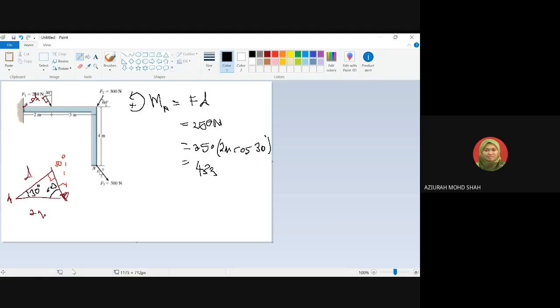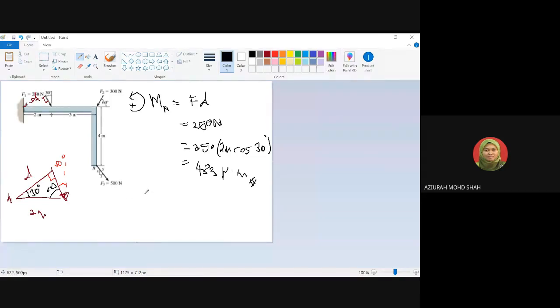Okay, 433 Newton meter. Now, what if we don't want to use the force directly, but we want to use the Varignon theorem?